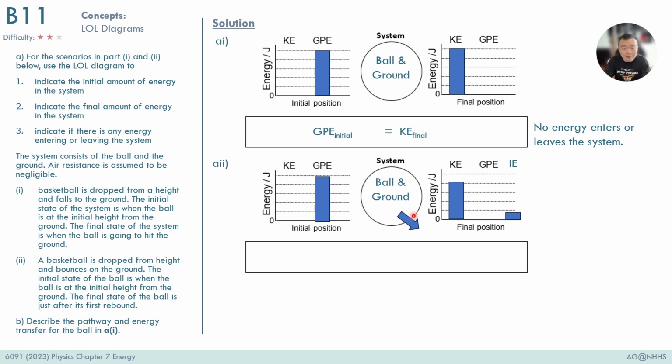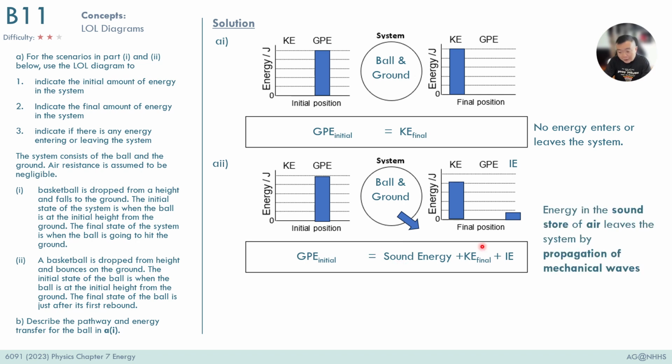You can hear the ball bouncing when it hits the ground. So there's energy transfer out of the ball and the ground because of sound energy. So therefore, this will be the formula, and there's energy leaving the system in the form of sound energy found in the air, and the pathway for this is through the propagation of mechanical waves, sound waves.